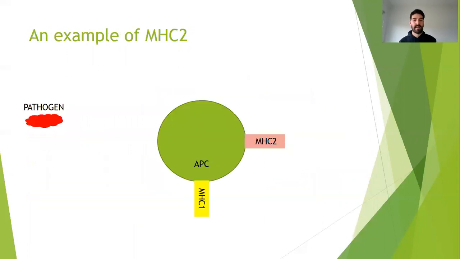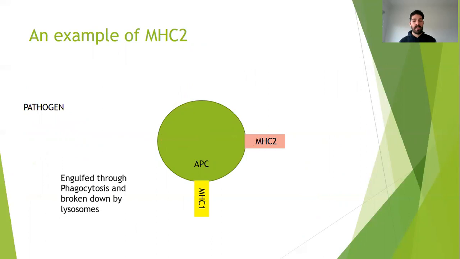Again, a quick little example. Here we've got a pathogen, and this is an antigen presenting cell. It could be a macrophage, a dendritic cell, or a B cell. It's going to engulf the pathogen and break it down with some lysosomes into smaller fragments known as antigenic fragments. And it's going to then display those fragments on the MHC2.